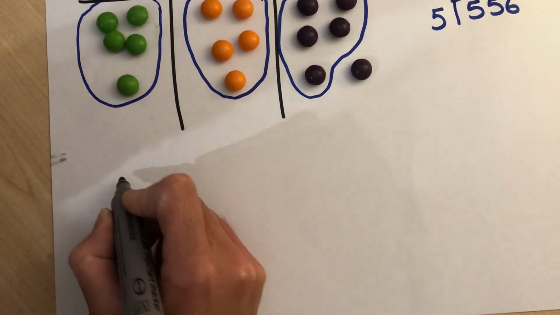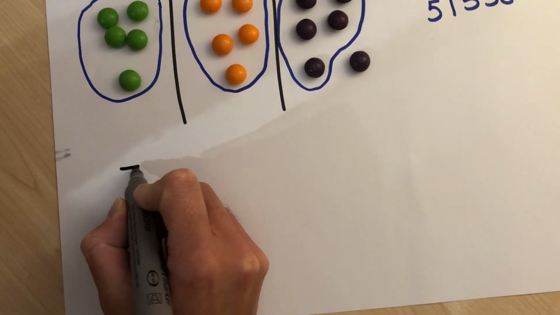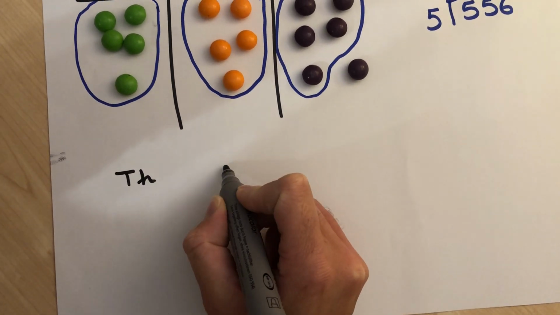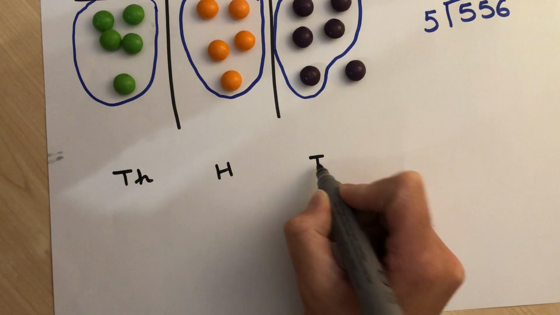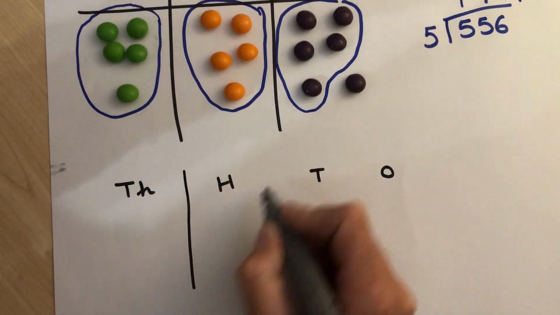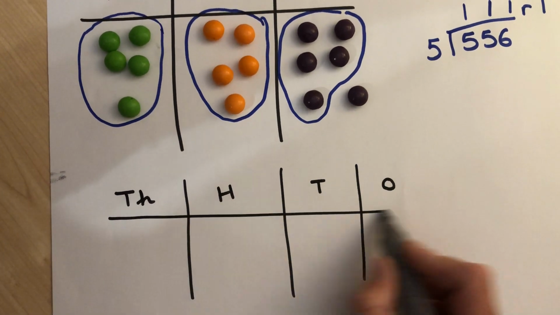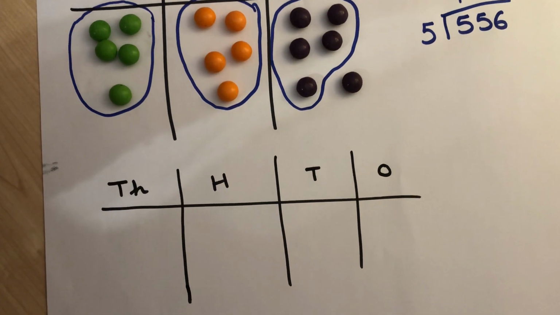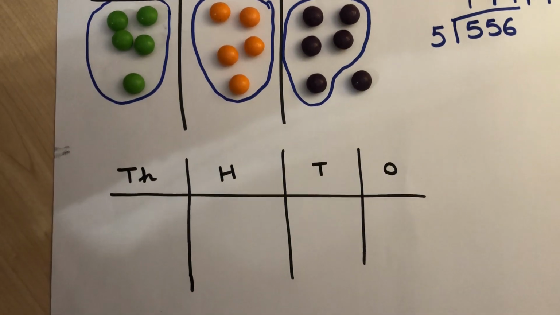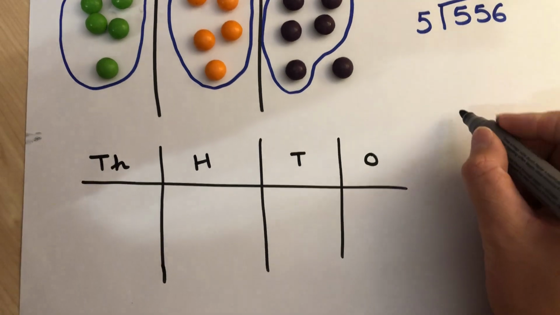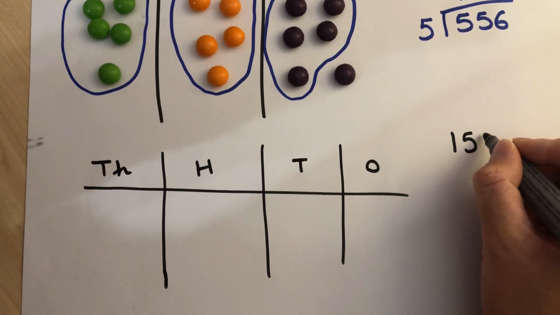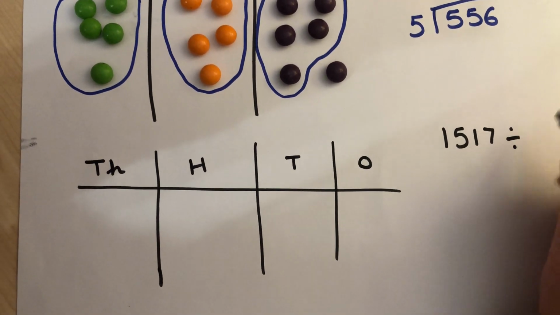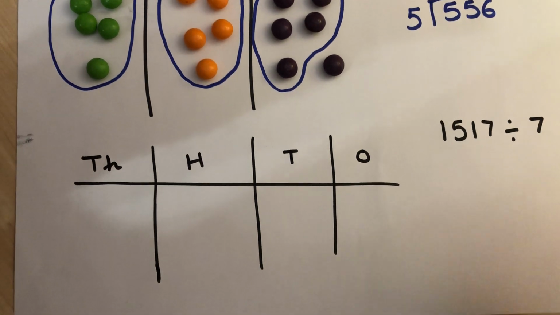So I do the exact same thing, but this time I'm going to use a 4-digit number. So I've got my thousands, my hundreds, my tens and my ones. So I just draw a place value chart on a piece of paper or on a whiteboard. And then the number that I am going to be working with today is 1,517 divided by 7.